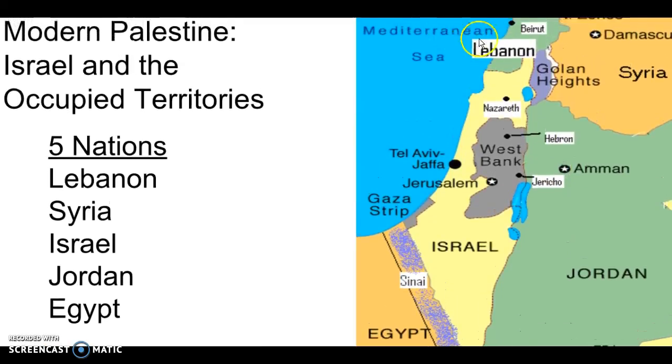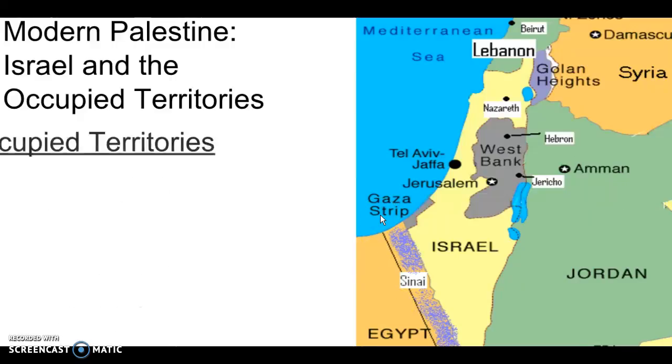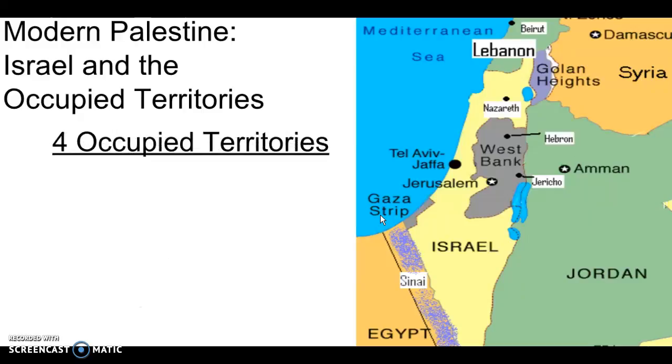So again, starting in the top left-hand side of your map, you can color your map if you like. You don't have to. We have Lebanon, and we have Syria. We have Israel, which is this odd-shaped area, and Jordan, and we have the nation of Egypt. There are 4 occupied territories that I have specified on this map.